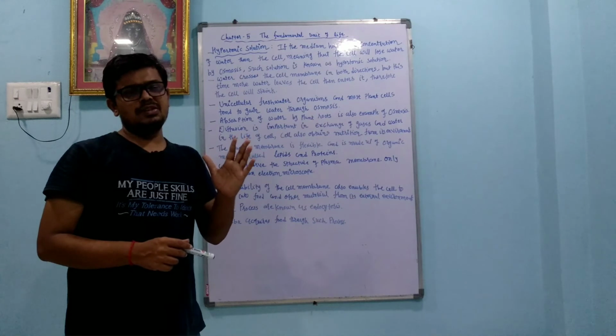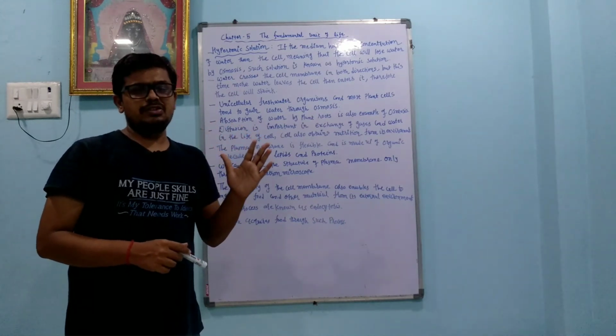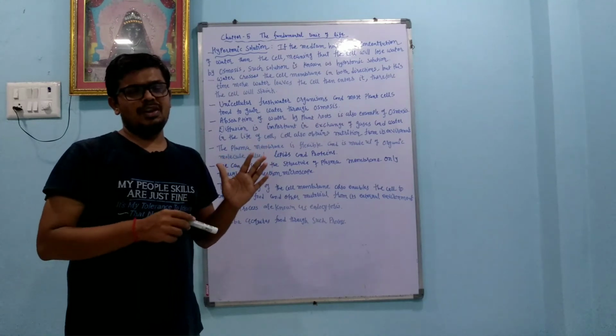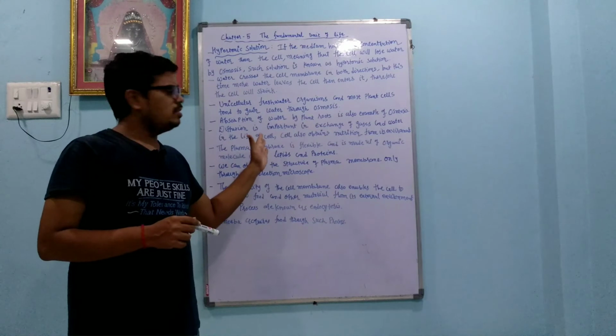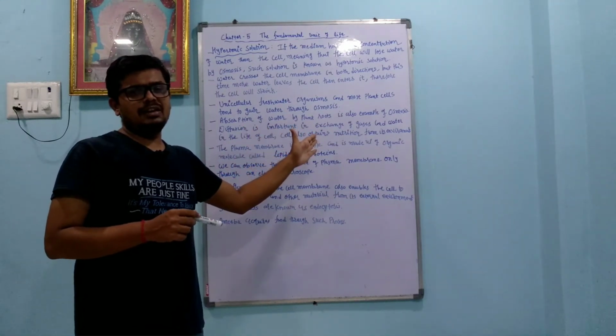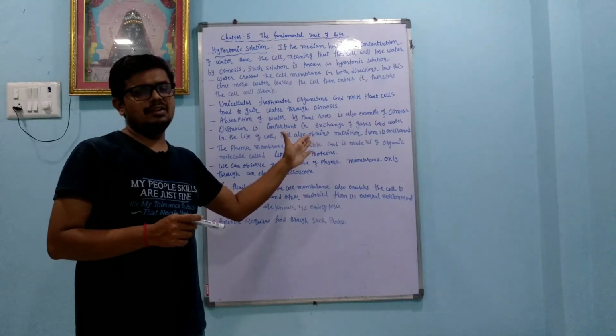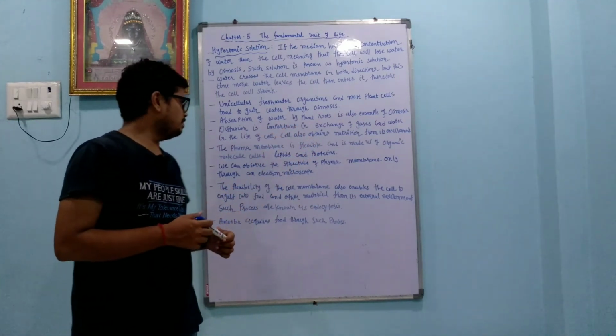If water goes from lower concentration to higher concentration, that is called reverse osmosis. At home, the RO system we use is reverse osmosis. By diffusion, the cell also obtains nutrition. An example is the amoeba, which captures food, and by diffusion it goes inside the body.